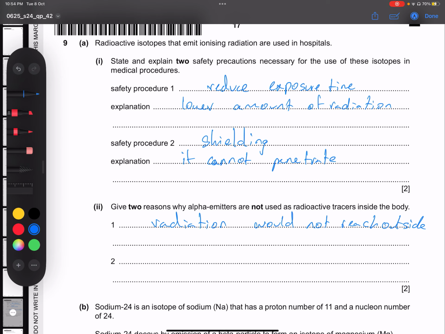What alpha particles do is collide with the atoms and knock out electrons, forming ions. These ions can then interact with our bodily systems and actually disrupt them. So high ionization, which is quite bad.